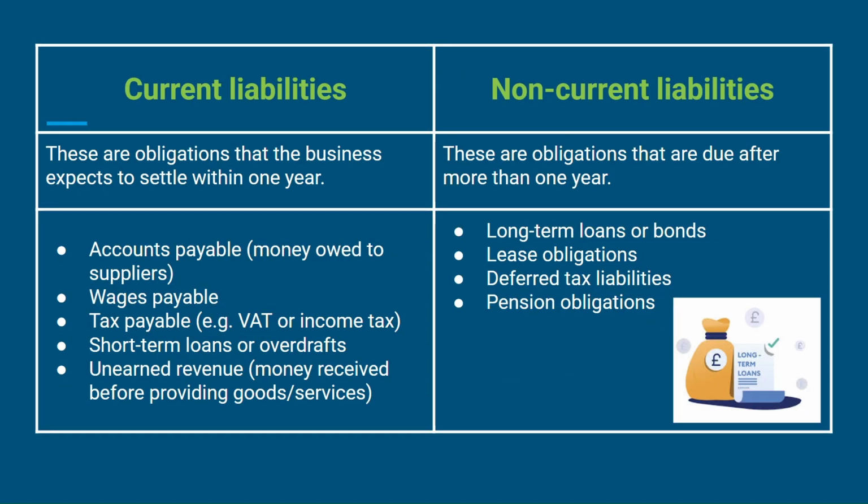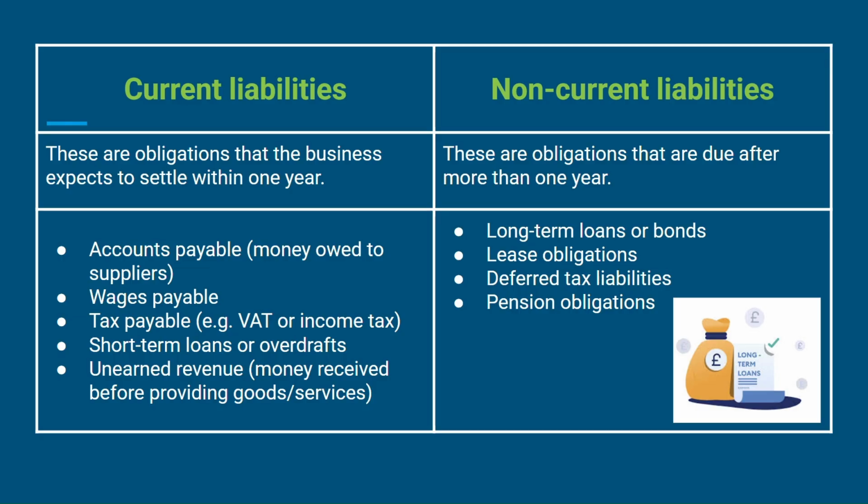Now, again, we have two types of liabilities, current liabilities and non-current liabilities. Current liabilities are obligations that the business expects to settle within 1 year. All right, so you have to pay them back within 1 year. Usually, these are people who you owe money, like suppliers, and we call that in accounting accounts payable.